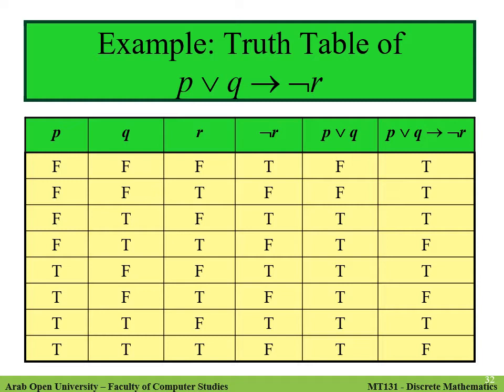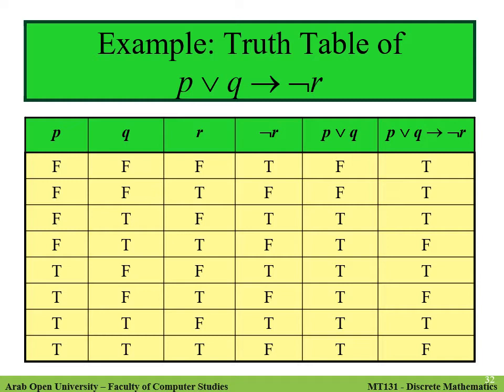Here is the truth table. You can check the details. But again, you now have 3 variables, P, Q, and R, so you have 8 rows in the table. You need a column for each variable. You need to fill the truth values for the 3 variables in the way we did before.